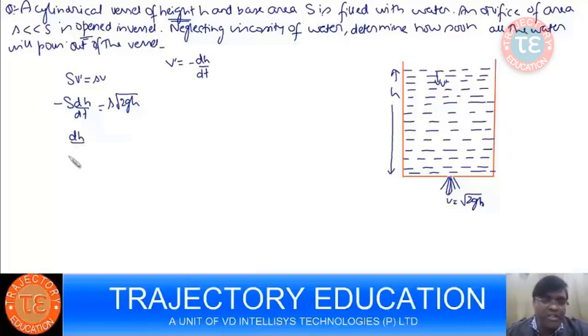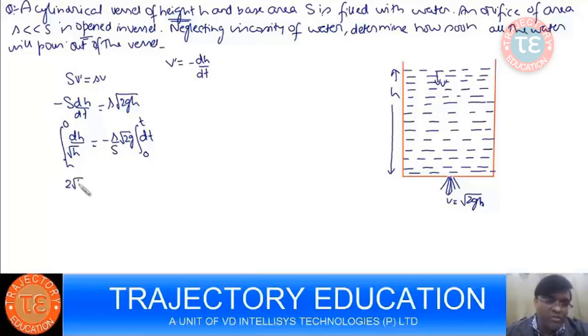So this is going to be dh upon root h is small s by capital S root 2g dt, right? At t equals 0, height is h, and we have to find time when height is 0, right?